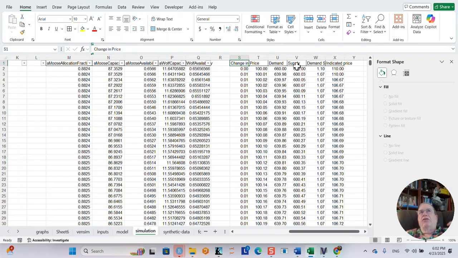And the other information has to do with the competitive relationship between MooseCo and WolfCo. I'm hesitant to call this a rational expectations equilibrium, but it's awfully close in spirit to this. Somebody might say, well, it's just adaptive expectations.